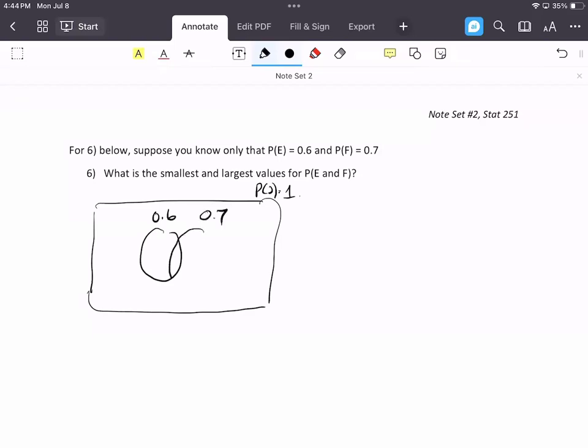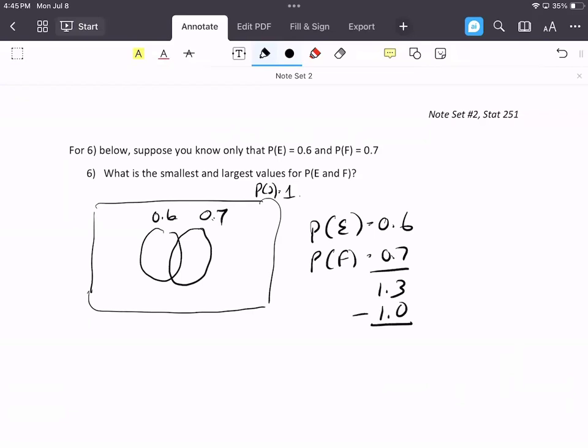They have to overlap because if they don't, if I add these two together, I end up with 1.3. So how far am I over for this being valid? Well, we know the probability of E is 0.6 and the probability of F is 0.7, so that totals 1.3. Not valid. Well, if I subtract 1, which would make it valid, I know that they have to overlap by 0.3. This is the smallest that the probability of E and F can be.